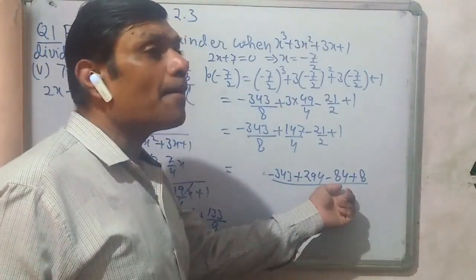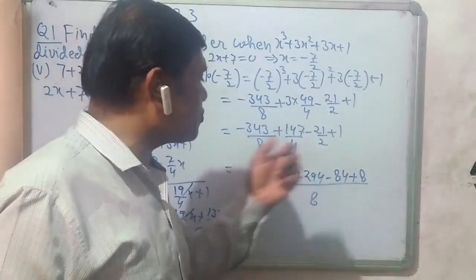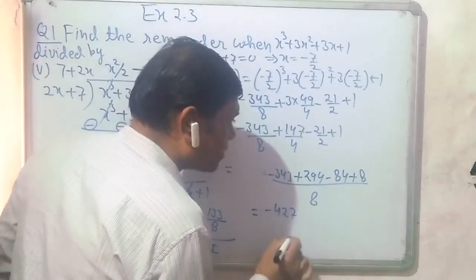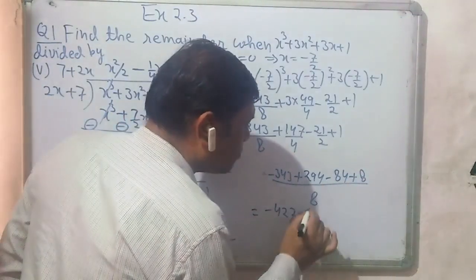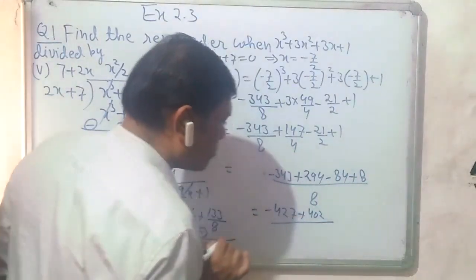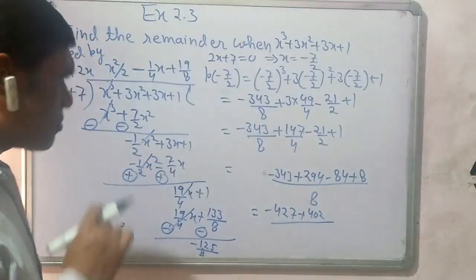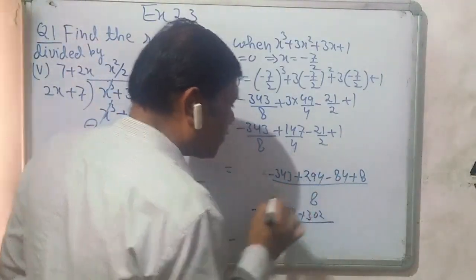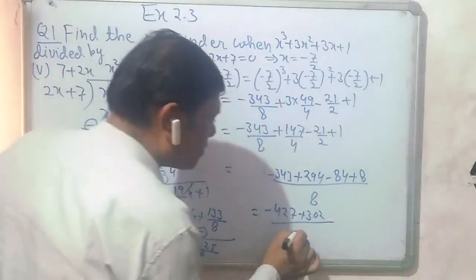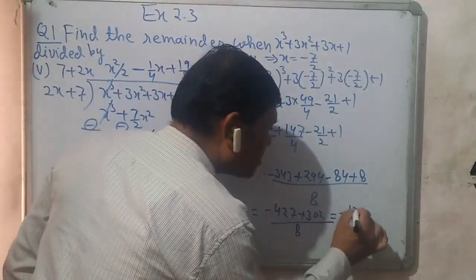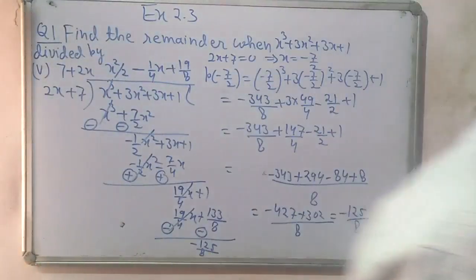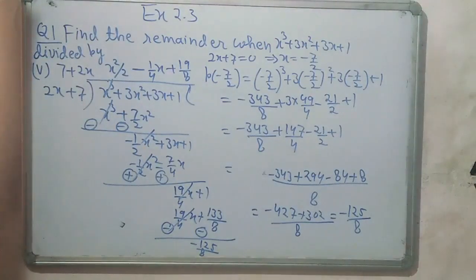Minus 343, minus 427, minus 427 plus 300, sorry, 294 plus 8, 300, right, upon 8. Is that giving us the same minus 125 upon 8? So our remainder is again verified. Is it simple?